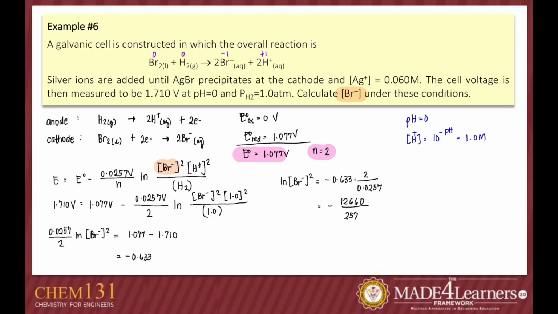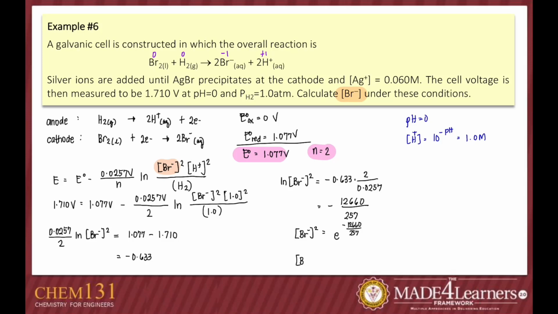And then what's next? We convert to exponential form. So Br negative raised to the power of 2 is equal to e raised to the power of negative 12660 over 257. And then we extract the square root to get the bromide ion concentration.